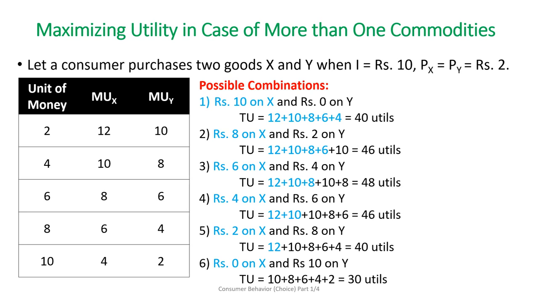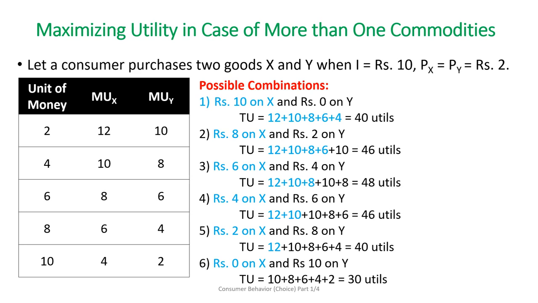The next option is spending rupees 4 on X and rupees 6 on Y. So from this consumption, the total utility derived will be 46 utils. The next option is spending 2 on X and 8 on Y, and the last option is spending 0 on X and 10 on Y. The total utility derived from these two options is 40 utils and 30 utils respectively.